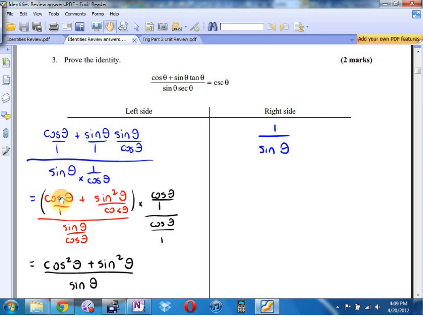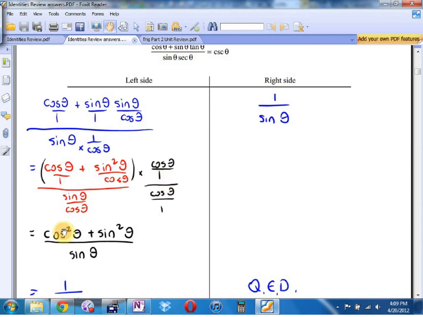I said, okay, it's cos over 1 plus, what's sine? Over cos. All over sine times 1 divided, oh, that works out to sine over cos. Complex fraction, what's my little mini common denominator? So multiply by cos over 1 over 1. Ooh, here I get a cos squared, yes. Here a cos cancels, by the way, what is cos squared plus sine squared? Oh, here the cos cancels, I get a sine.